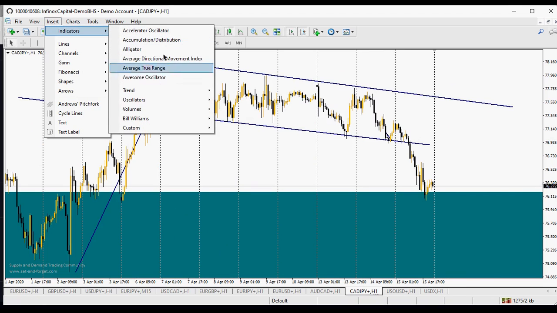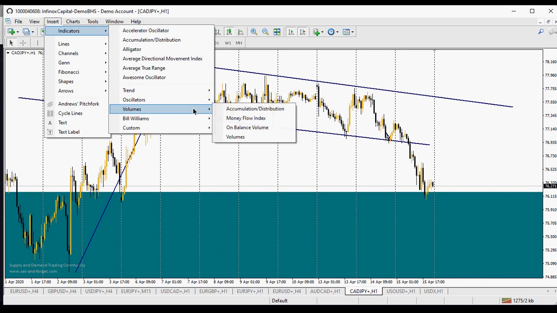We also have volume indicators. Volume indicators tell you the number of traders trading per time. For example, in the morning and afternoon, there are a lot of people online. People in the US are trading, people in London are trading. But in the evening, people in the US are also getting towards evening, while we are going to sleep.